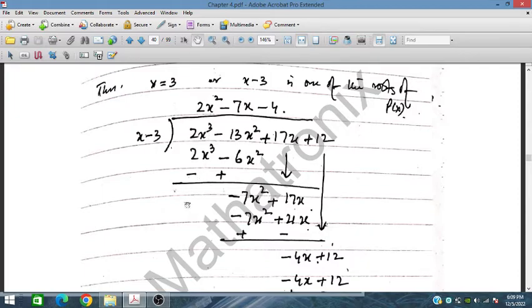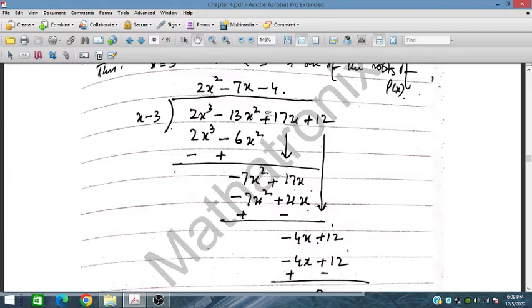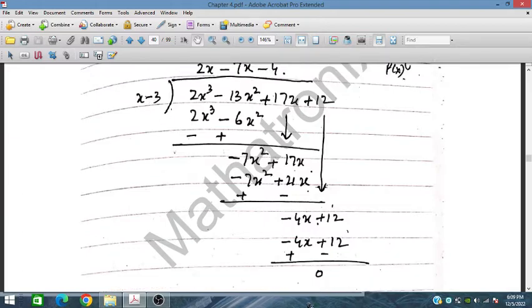Now we change sign to cancel out, and the remaining comes here, and this comes down here. 17x will be placed here, and then minus 7x square. Then 7 times 3 is 21x, and by changing sign and canceling out, the remaining is here. By multiplying minus 4, this becomes this, and this is the result.